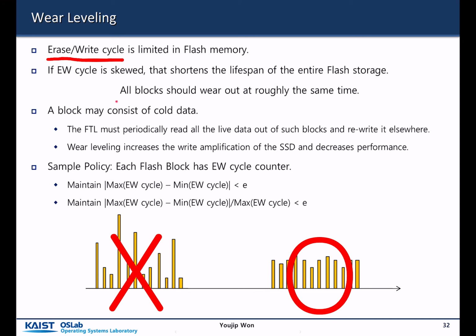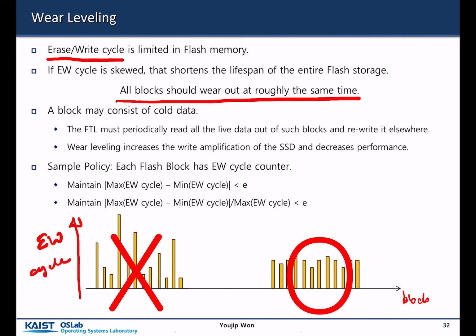So all blocks should wear out at roughly the same time. So this is the EW cycle distribution, and this is the block number. What we'd like to get is to evenly distribute the EW cycle over all block numbers.